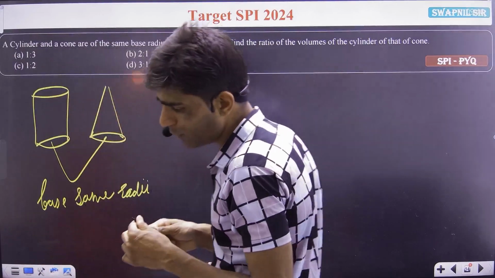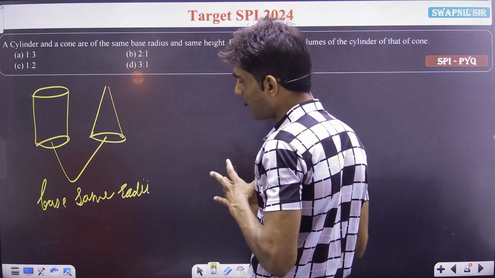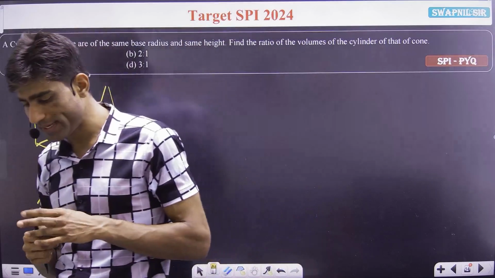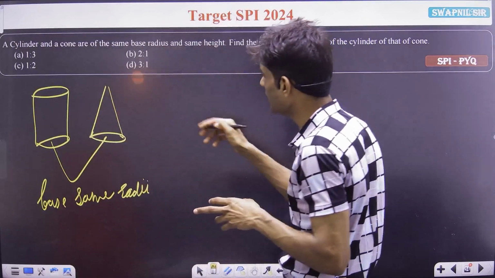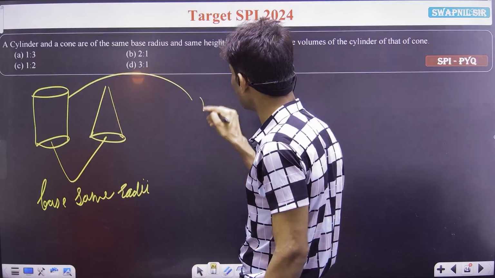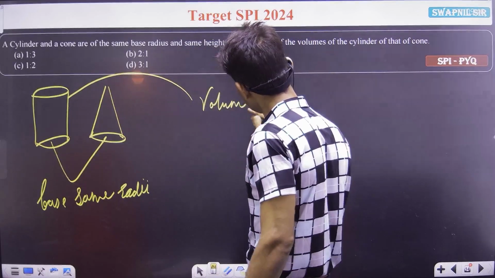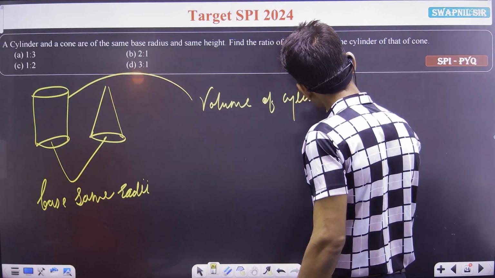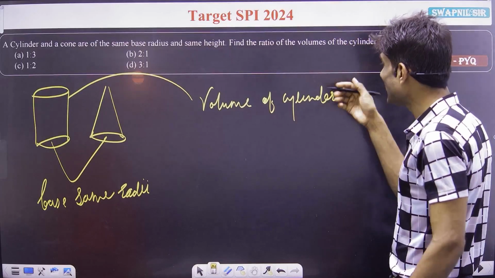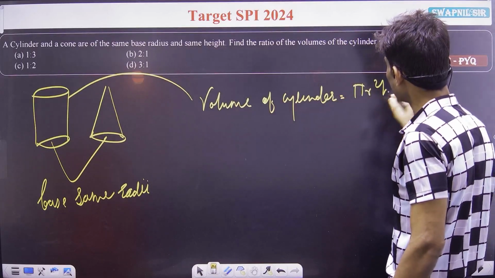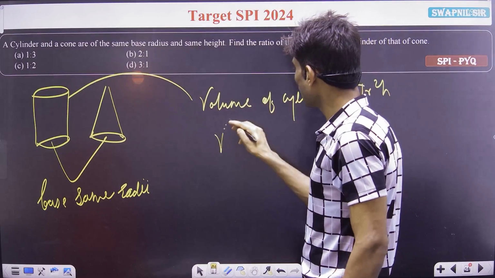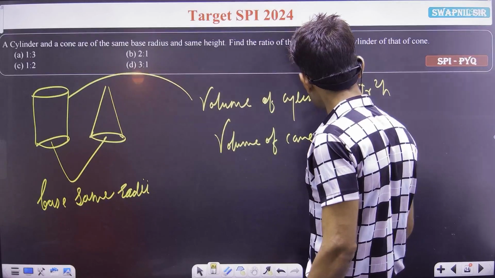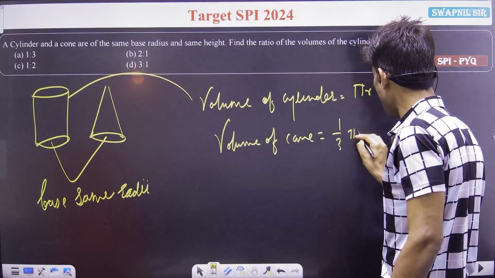Let me write the volume of a cone and the volume of a cylinder, because we need both here. The volume of a cylinder is pi r square h, and the volume of a cone is 1/3 pi r square h.